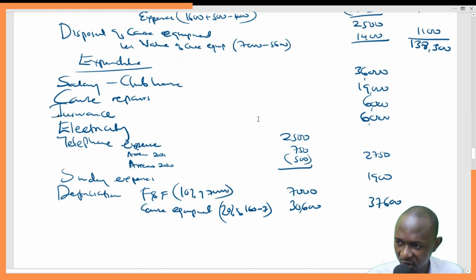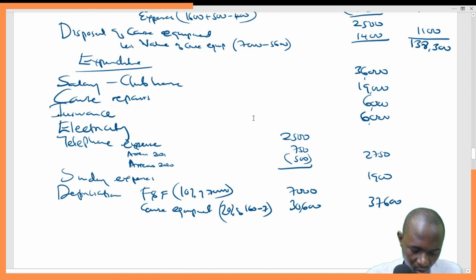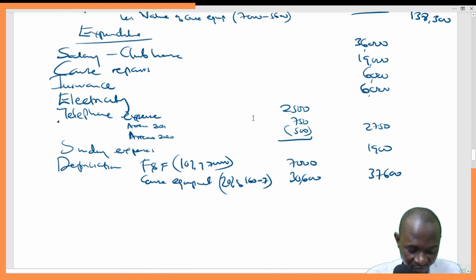That is 36,000 plus 19,000 plus 12,000 plus 2,750 plus 1,900 plus 37,600. This gives us 109,250.